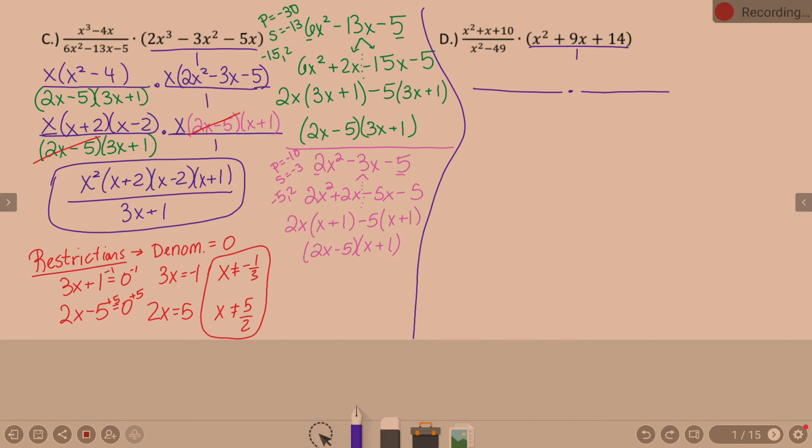So what do I need a product and a sum of? Product of 10 and a sum of 1. What multiplies to be 10 and adds to be 1? Nothing? Solid question. And the answer is not possible, right?